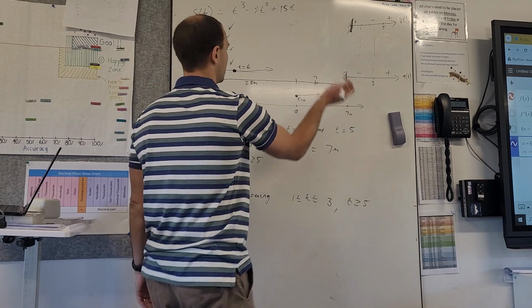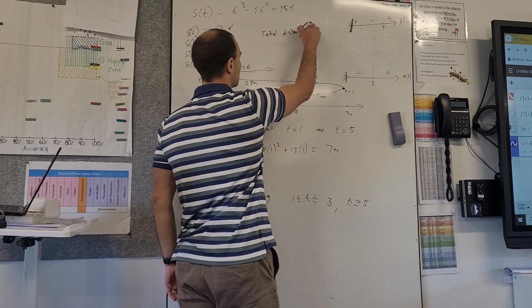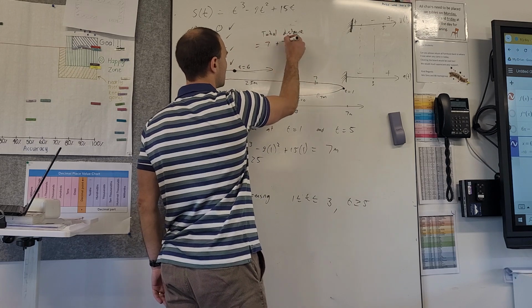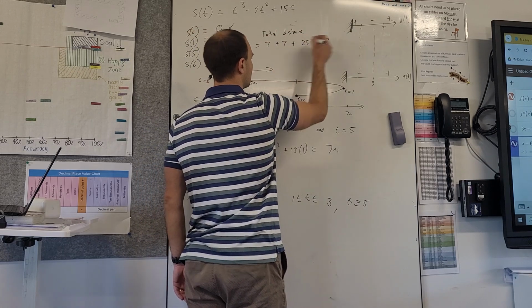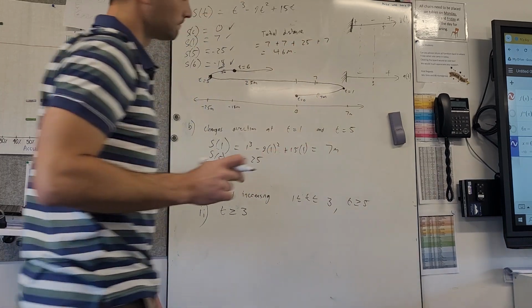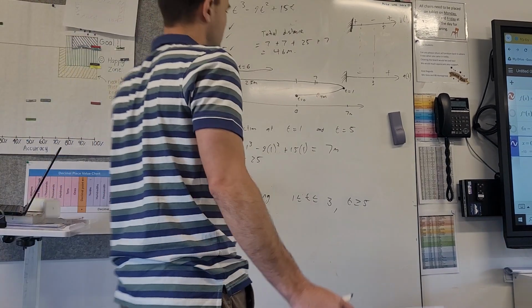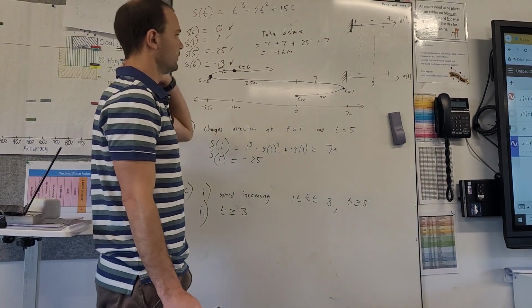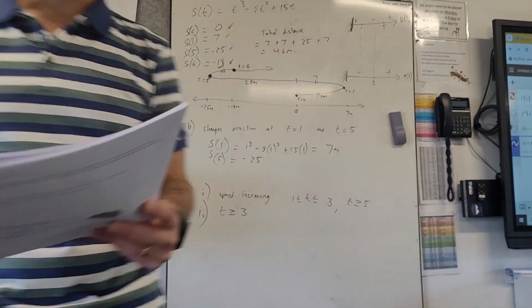So to answer total distance, the motion diagram helps us to figure out how much it's moved to the right, how much it's moved to the left, so we can determine the total distance that it's travelled.